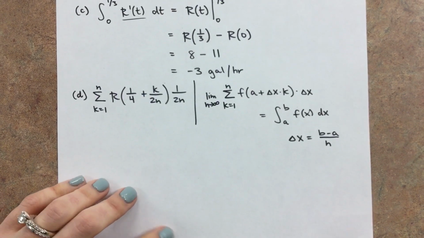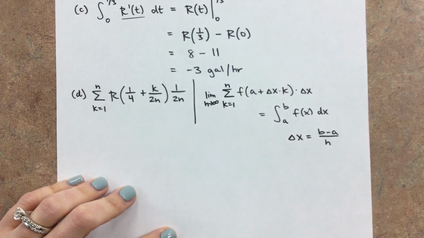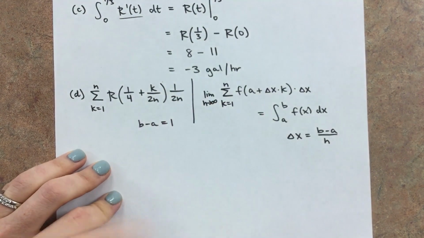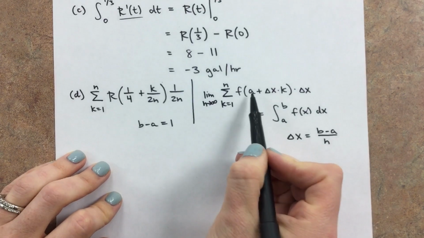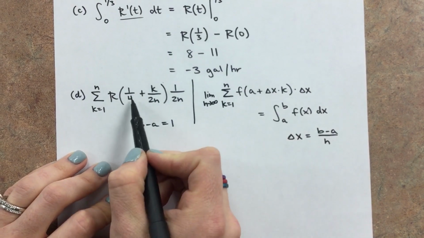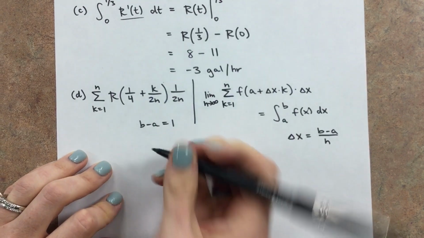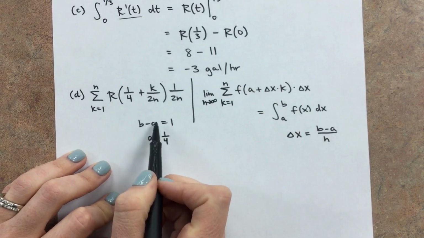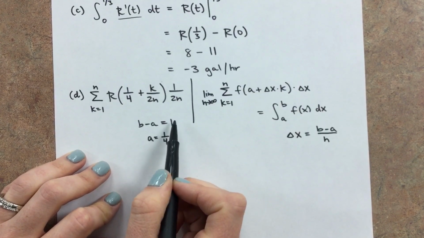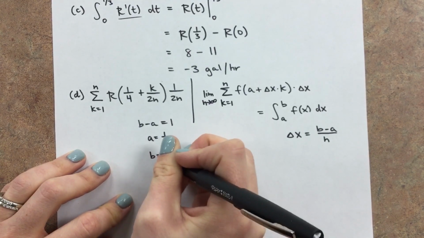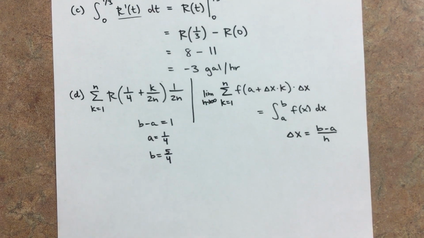One thing that we do know is that b minus a is equal to 1. Okay, so that's one thing that we can get off of this information. B minus a is equal to 1. This value right here, the first thing you plug into the function, is your value of a. So that right here is 1/4. So we know that a is equal to 1/4. So then going right back to this, if b minus a is 1 and a is 1/4, that must mean that b is 5/4. So now we have our integral.